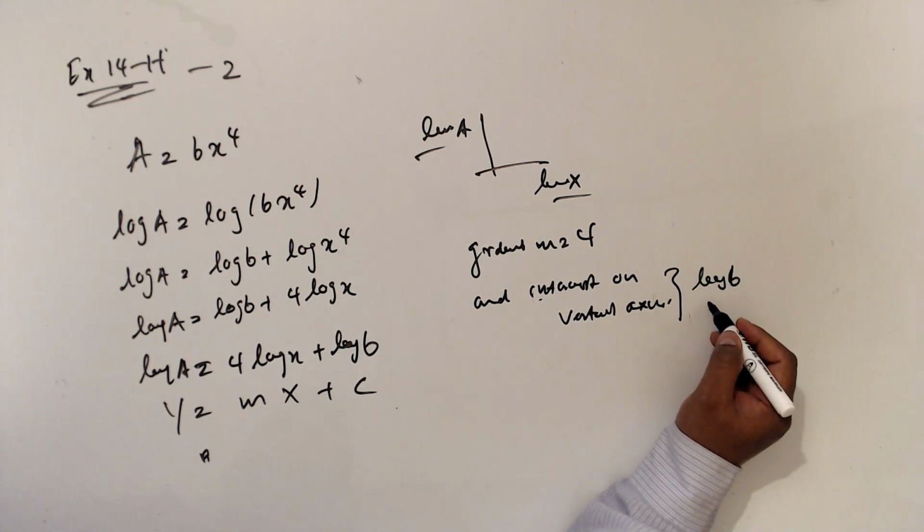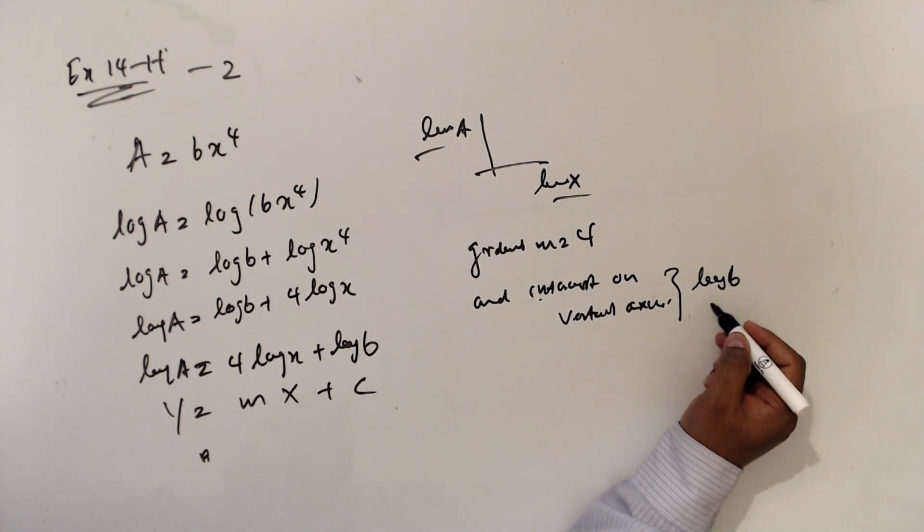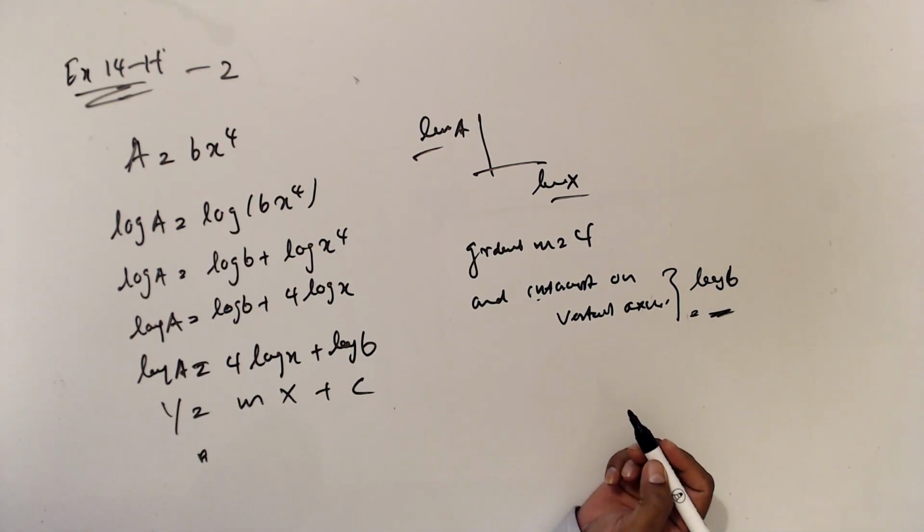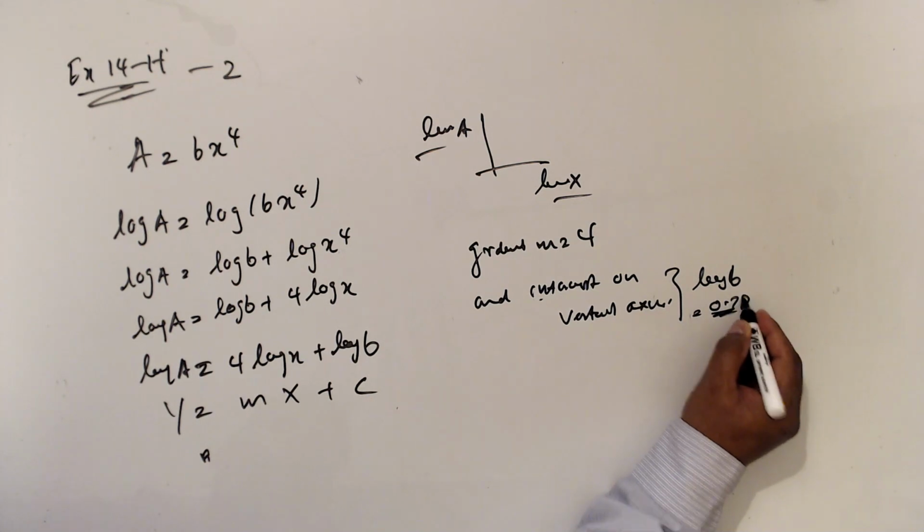So we have to find the log 6 value and we can keep it as a decimal, approximately 0.78.